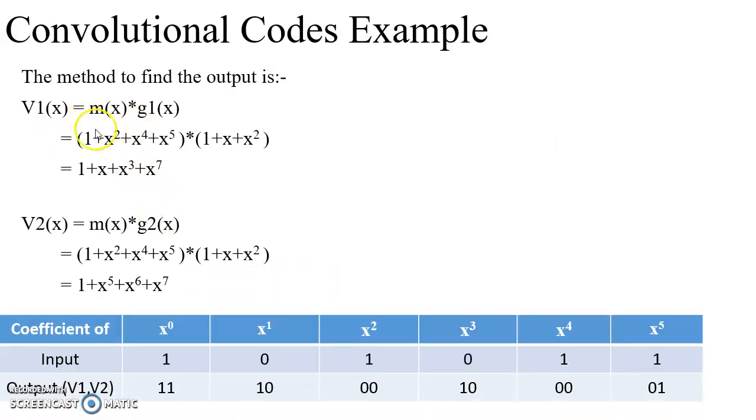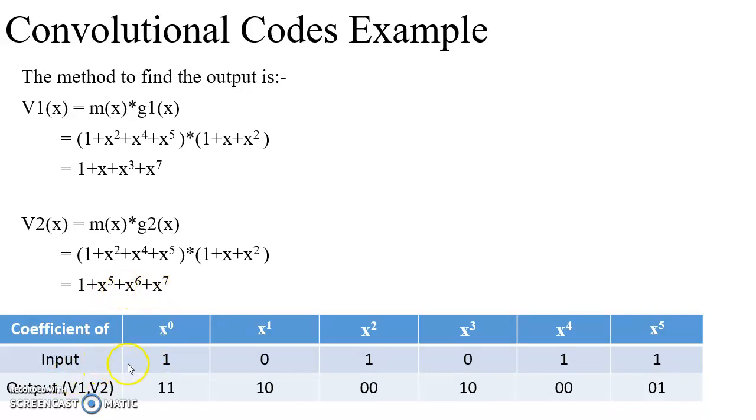I'll mark v1 and v2 and the arrows here with a pen. So this is how we have to multiply. v1 of x comes out to be 1 plus x cube plus x raised to 7, and v2 of x, which is m of x into g2 of x, is equal to 1 plus x raised to 5 plus x raised to 6 plus x raised to 7.